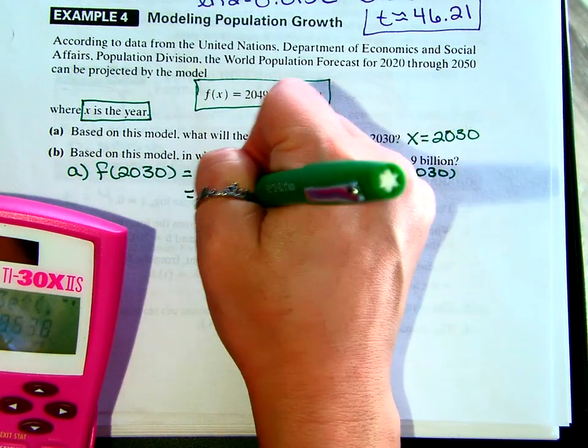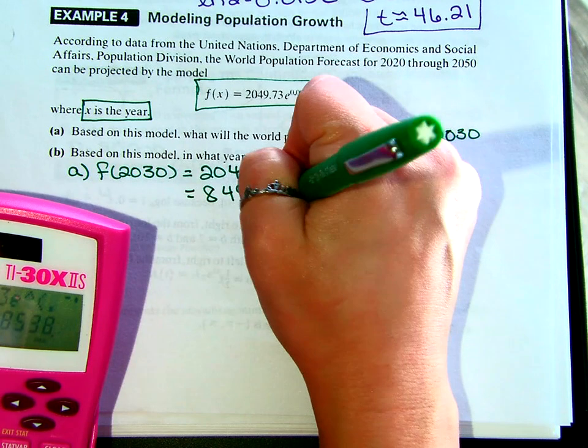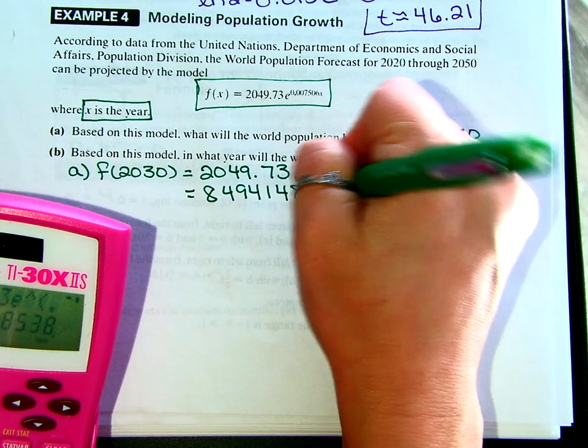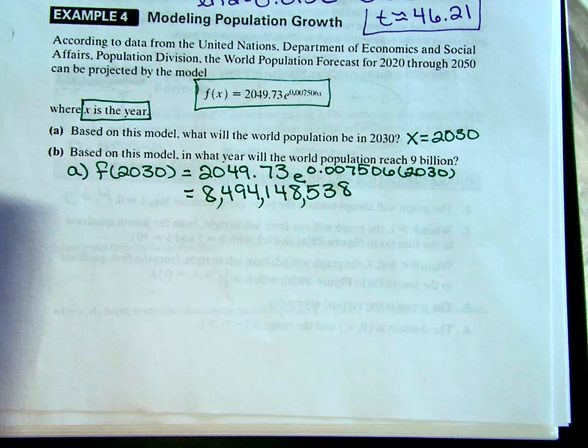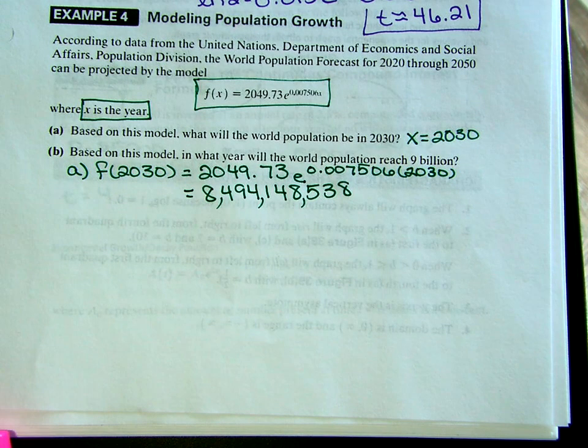So in 2030, based on that model, we should have almost 8.5 billion people on Earth. That's a lot of people. So step A, just plug and chug.